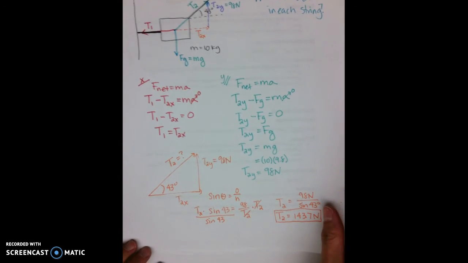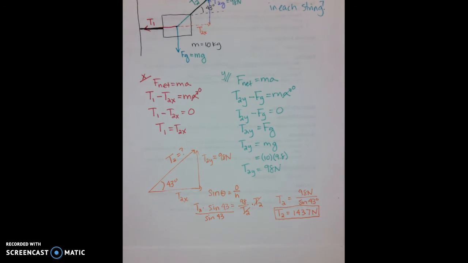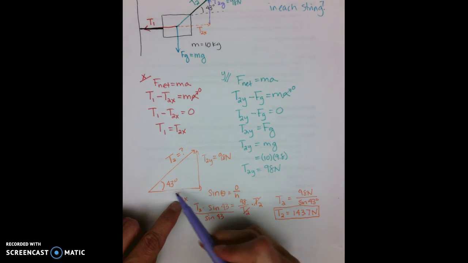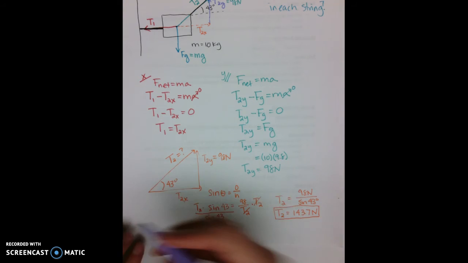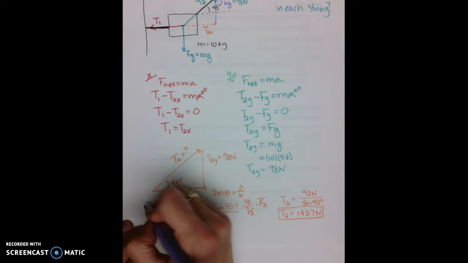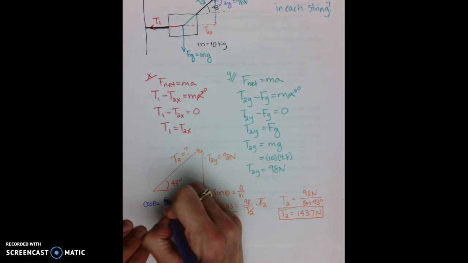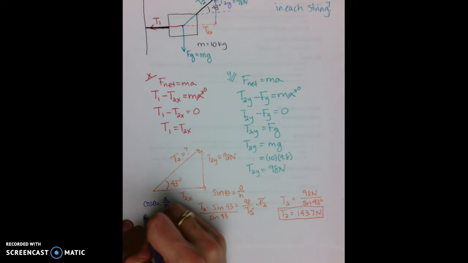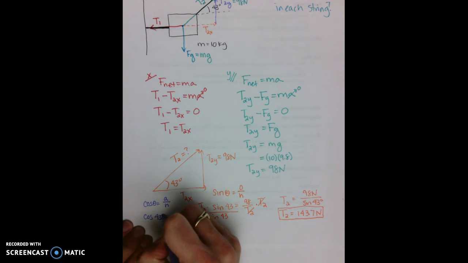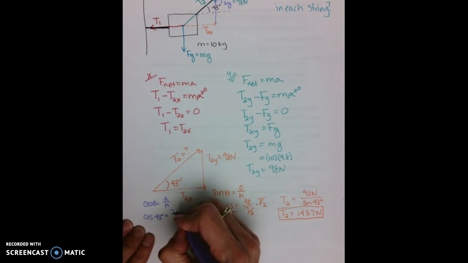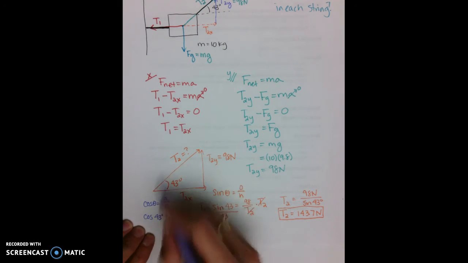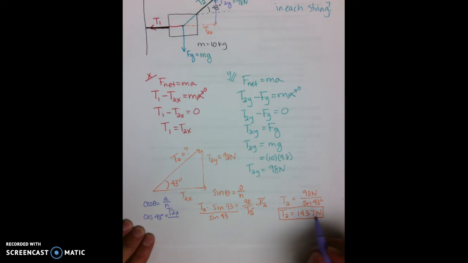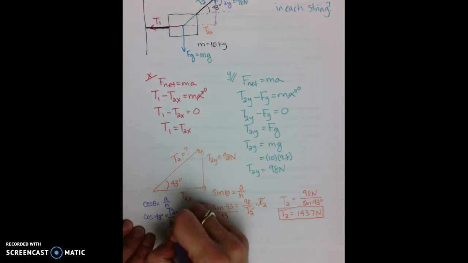I'm just going to slide this up just a touch. T2x is the adjacent side to the angle. So I know that the cosine of theta is equal to the adjacent side over the hypotenuse. In this case, the cosine of 43 degrees is equal to T2x over my hypotenuse, which is T2, 143.7 newtons.